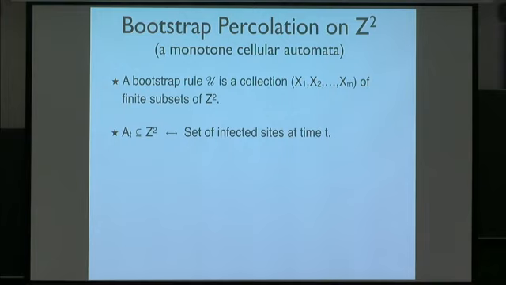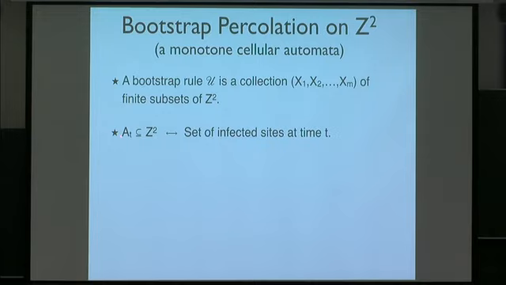The rule is the following: the origin, if it is not already infected, in the next round of the dynamics will get infected if at least one of the sets x1 up to xm is infected. Then the origin is added to the infected vertices, and exactly the same rule applies for any other vertex, provided that you translate the whole set as if that vertex were the origin.